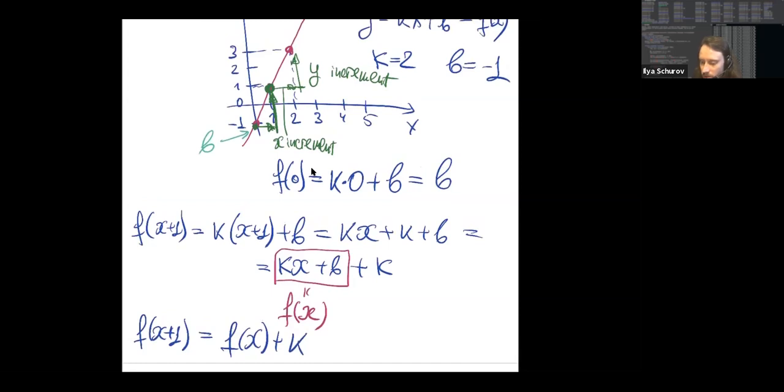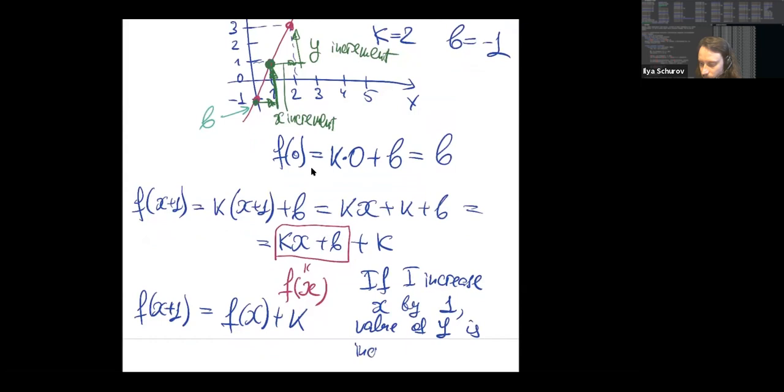So it means that if I increase x by 1, the value of y is increased by k.